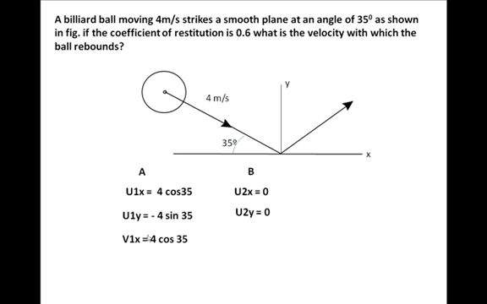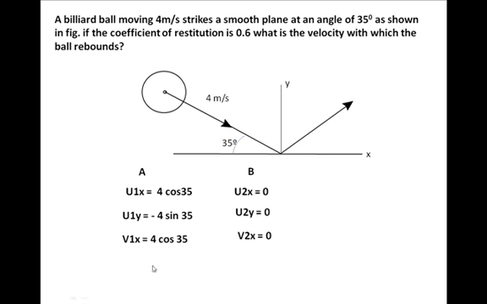Now, because we said that the line of impact is the y-axis, there is no impact along the x-axis, and therefore initial velocity in x direction and final velocity in x direction will be the same. So v1x we have written as 4 cos 35, same as u1x. v2x is again 0.